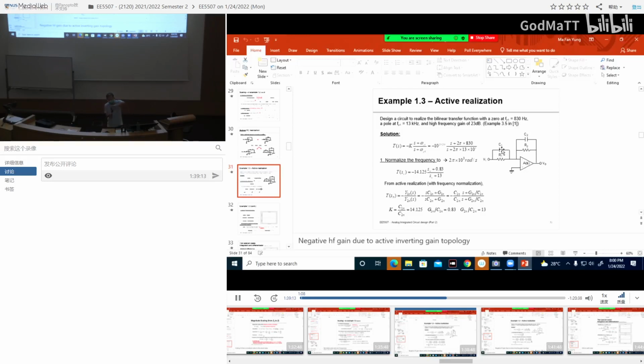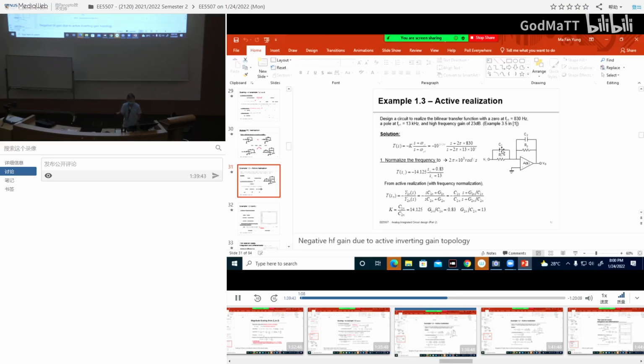Okay, so when a thing is in parallel, to make things simple, we use the admittance Y, right? Things in parallel means Y1 plus Y2, you just add. If it's in series, we just use the impedance, Z1 plus Z2. So this is in parallel, so we use admittance. What's the admittance of a capacitor?